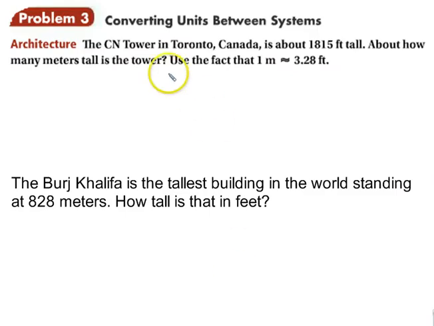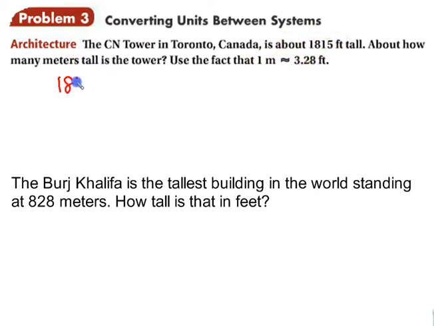Okay, this one, there's a tower in Toronto, Canada called the CN Tower. It's this tall, and we want to figure out how many meters it is. So now we're converting between systems. We've got the imperial system, which is feet and inches, and we're moving it to metric. So what they do is they give us that 1 meter is approximately 3.28 feet.